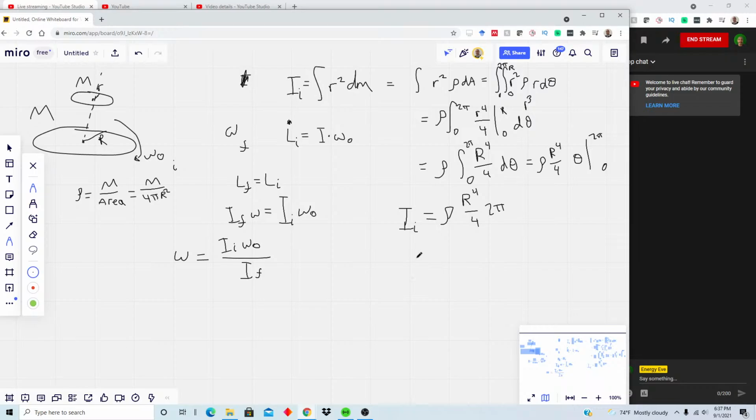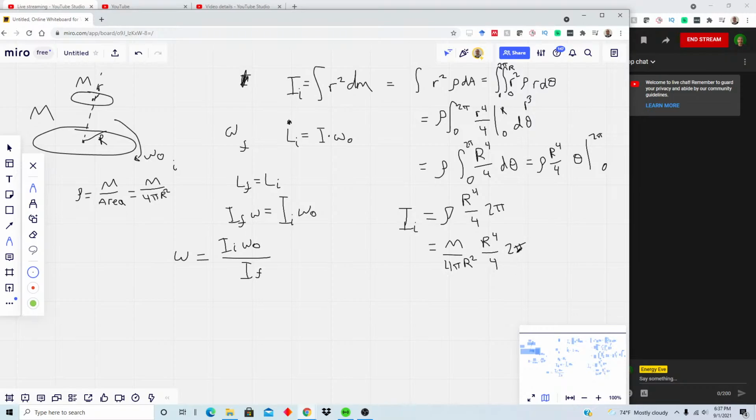If we extrapolate out what we got for the first one, we can apply a very similar principle to this one, except this density is going to be a little different, and instead of a big R, we're integrating to a smaller r. So let's first work this one out. This density, as we recall, is equal to big M over 4 pi R squared, big R to the fourth, 4 2 pi.